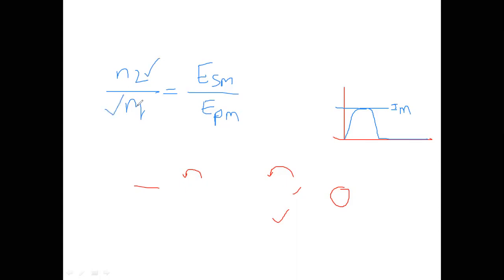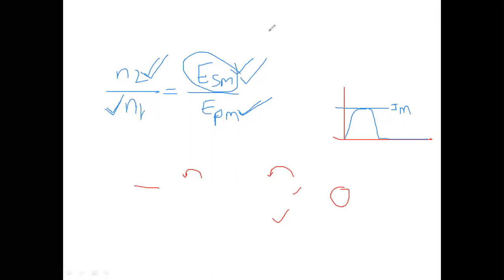N1, the number of turns of the primary winding, is also constant for a given transformer. ESM is what you want to know, and EPM is the voltage you are giving. So N2, N1 and EPM you know, so you get ESM.